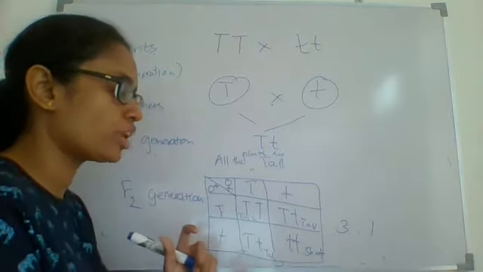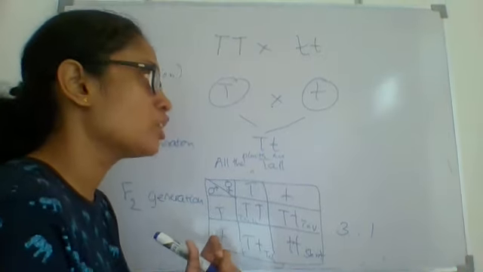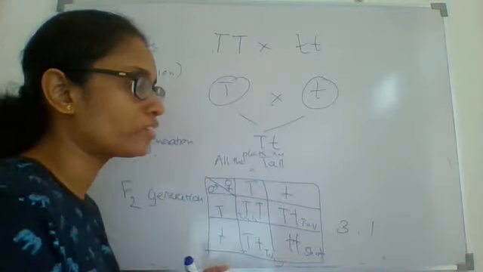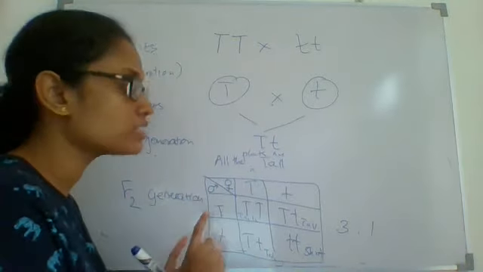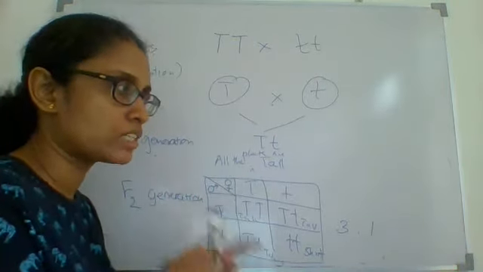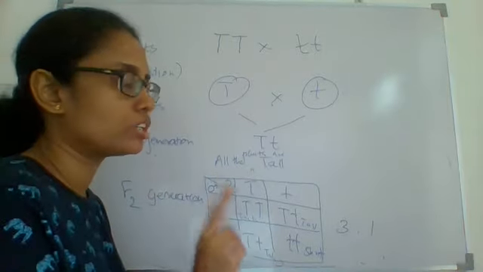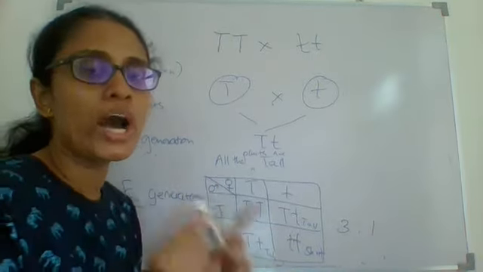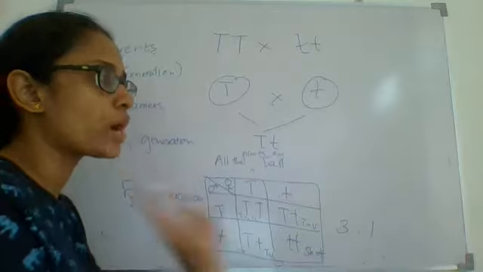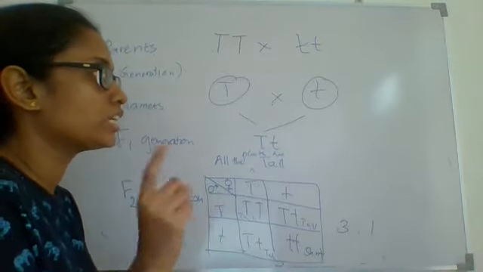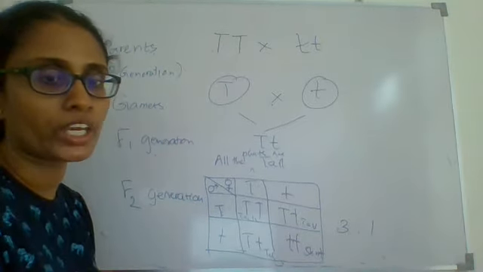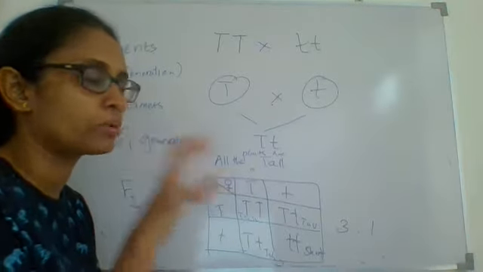But at your level, we are not going to do those things. So if you are considering only one character for the test, it is called a monohybrid cross. That means only one characteristic is being tested. Okay, so a monohybrid cross.